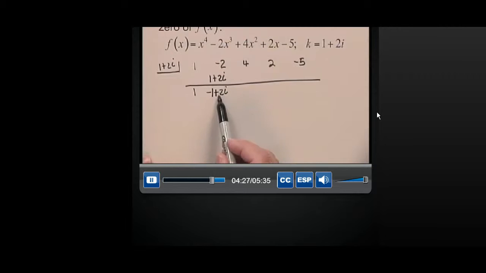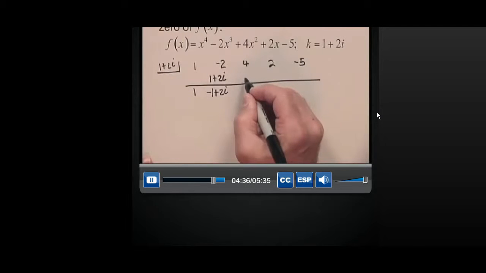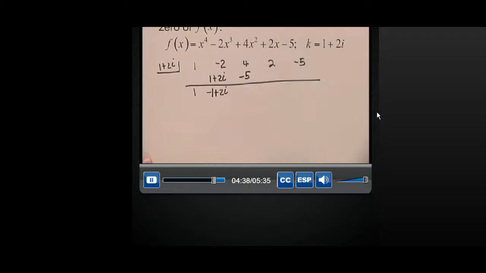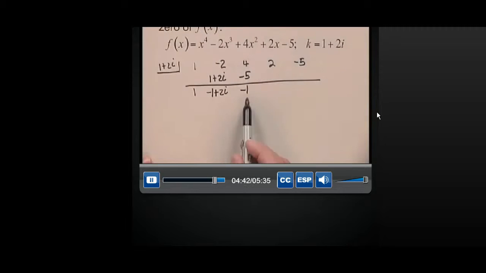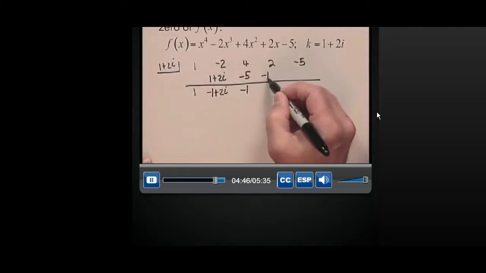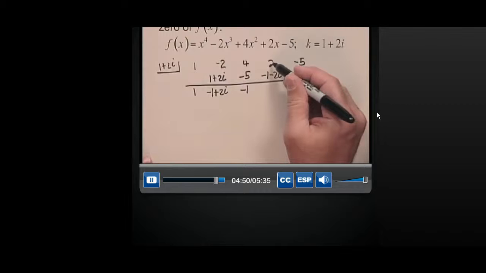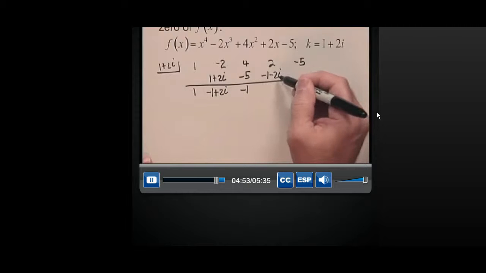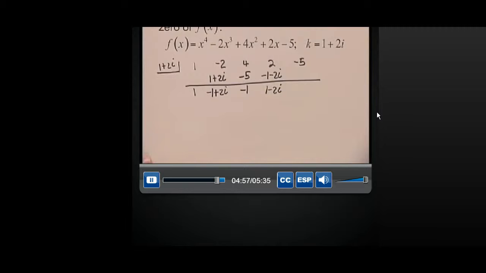Now we multiply negative 1 plus 2i times positive 1 plus 2i, and you'll notice that the final result of that is a negative 5. We add 4 and negative 5 for negative 1. We multiply the negative 1 times the 1 plus 2i, which gives us negative 1 minus 2i. We now add 2 plus the negative 1 minus 2i. The result is 1 minus 2i.